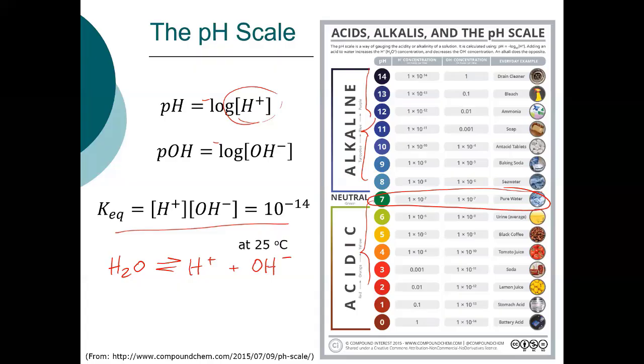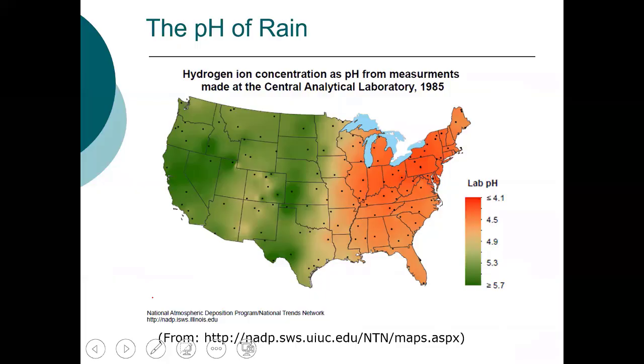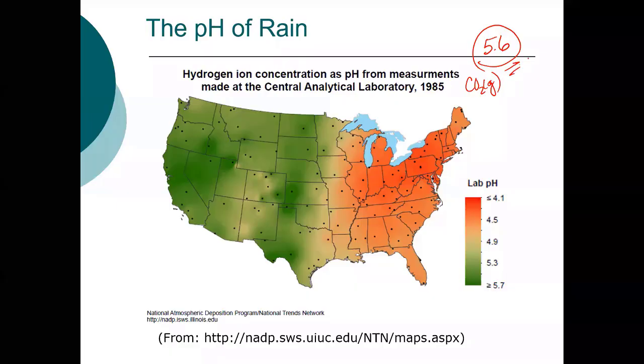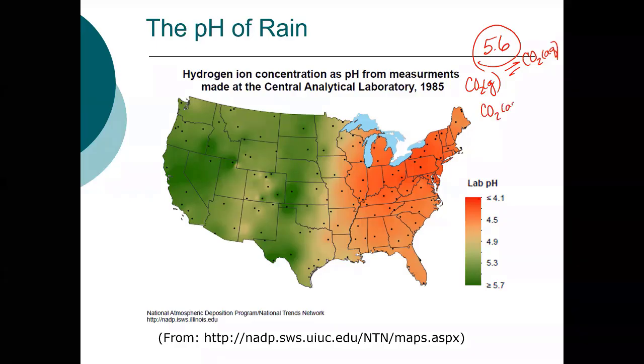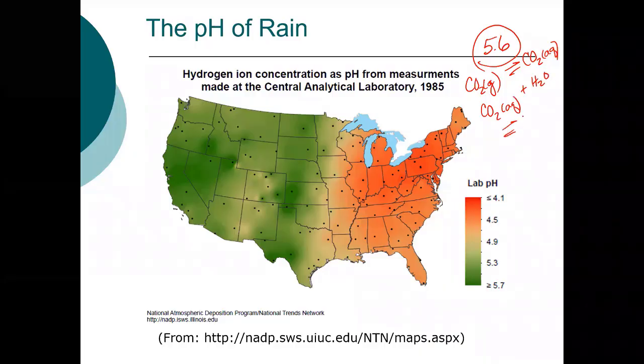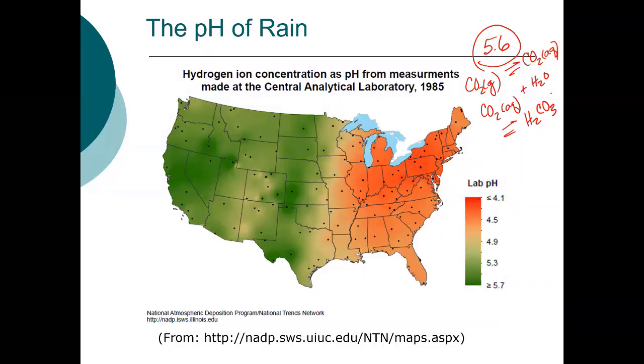I've got the equilibrium expression for that reaction. Now, the natural pH of rainfall is actually 5.6. And we showed that in an earlier lecture, and it was because of the dissolution of CO2 gas to CO2 aqueous, and then that CO2 aqueous reacts with water to produce carbonic acid.